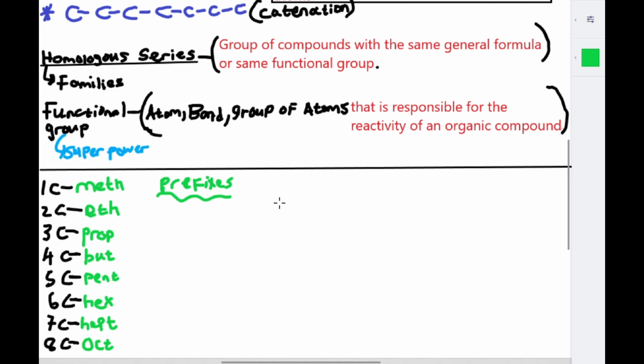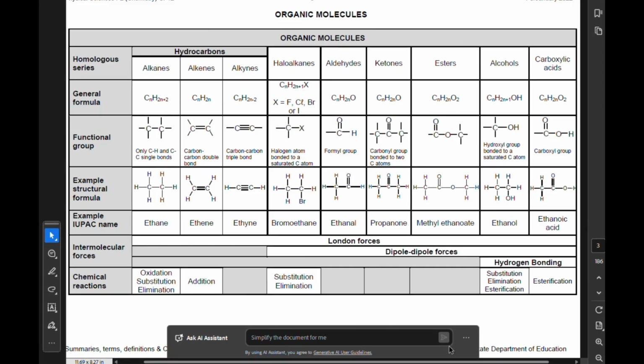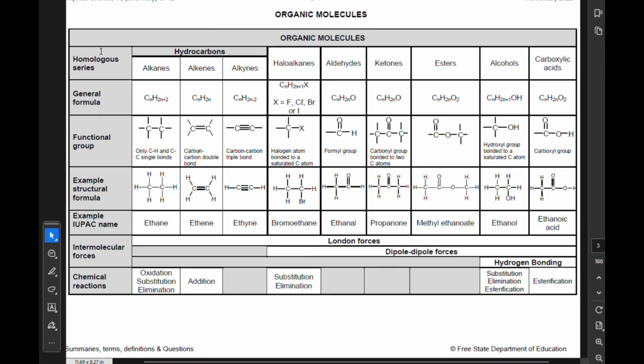Now guys, this is organic chemistry in a nutshell. In the second lesson, we're going to go in depth, focusing on the homologous series. We have defined what homologous series are, but now we're going to look at the different kinds, the different groups. We're going to start off with the alkanes, the alkenes, the alkynes, up until the carboxylic acids. How many are there? There are 9.